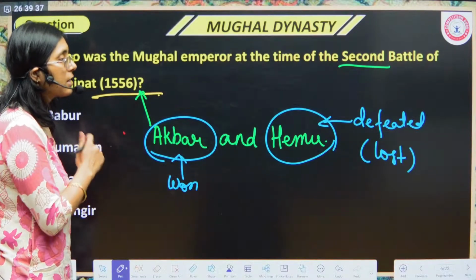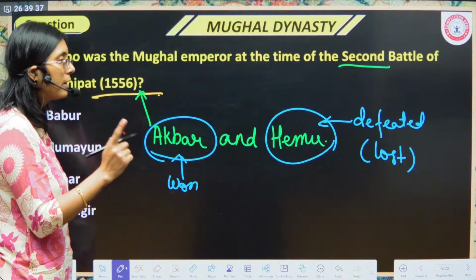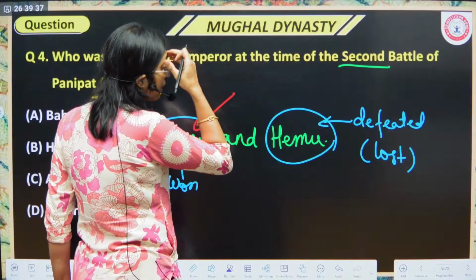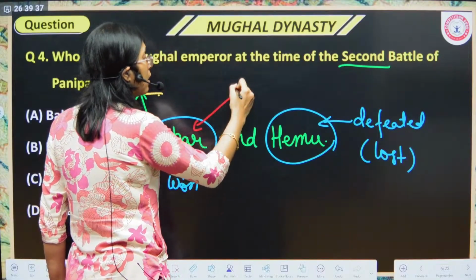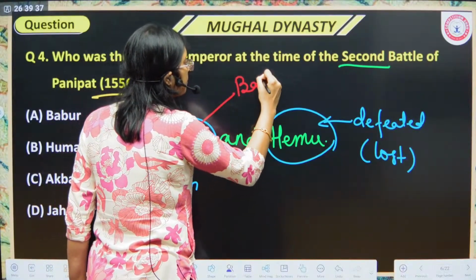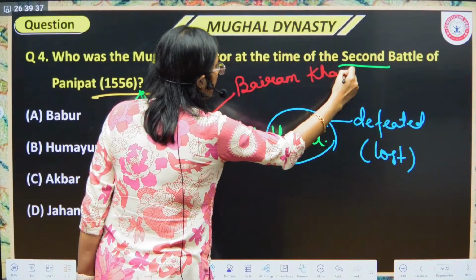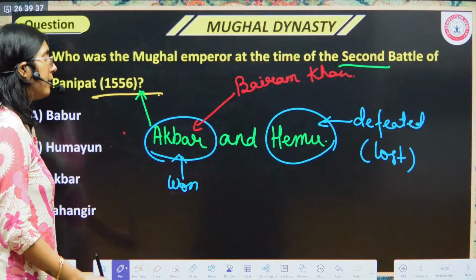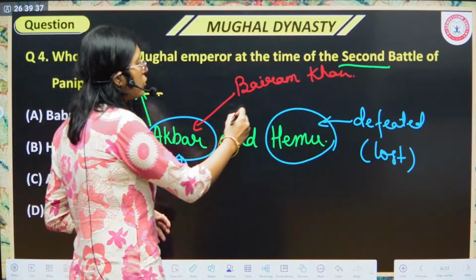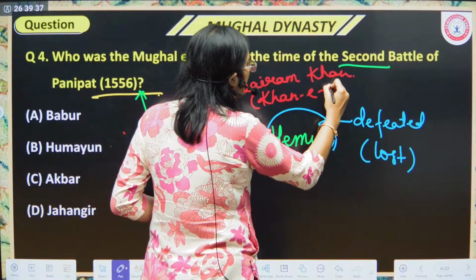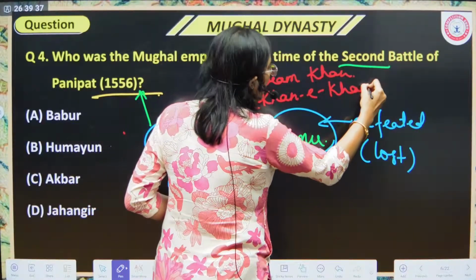So who had supported Akbar? Akbar was supported by Bairam Khan. Right, Bairam Khan. Bairam Khan was also called Khan-e-Khana.